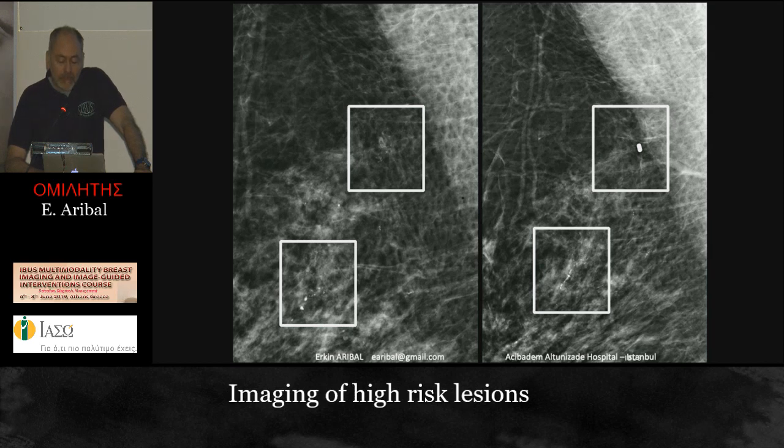So the result was normal breast tissue with calcification, nothing interesting. I saw her 3 or 6 months later, and I told her that her biopsy was not adequate. The radiologist who did the biopsy did a very good biopsy.